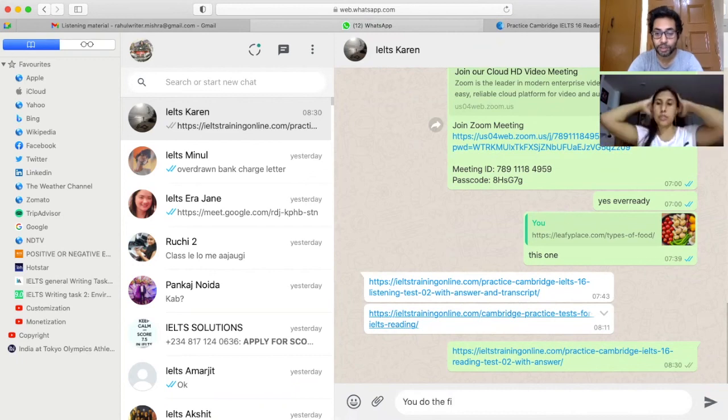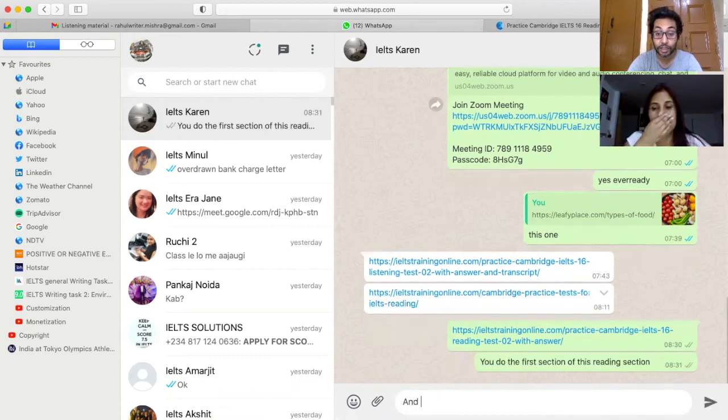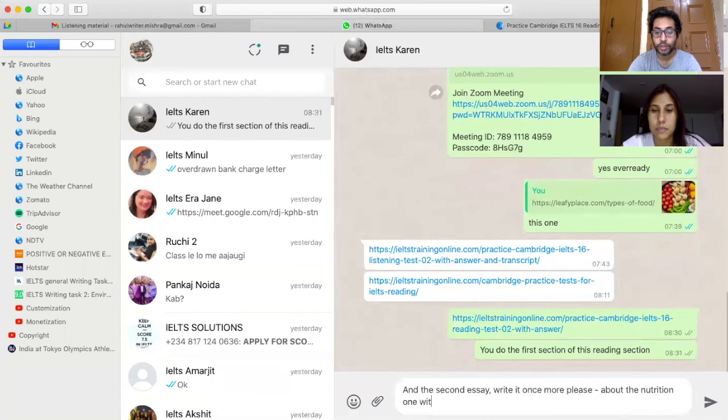So the first section of this reading part, just the first section, the microbes, we will discuss. And the second essay that you did, write it once more, please. About the nutrition one. Use more ideas, more imagination, more creativity.